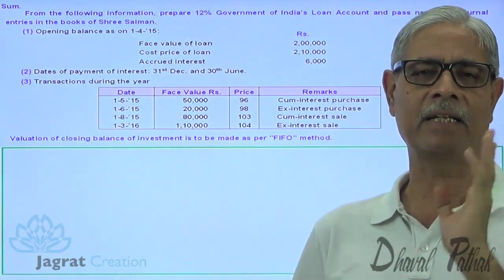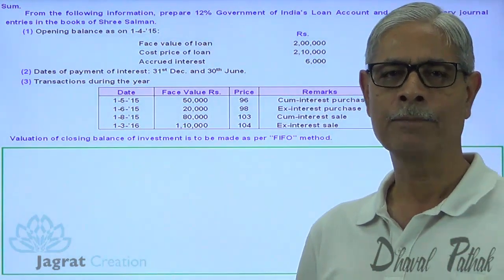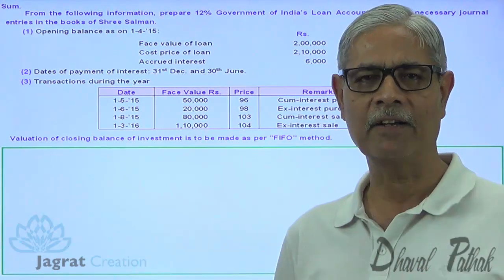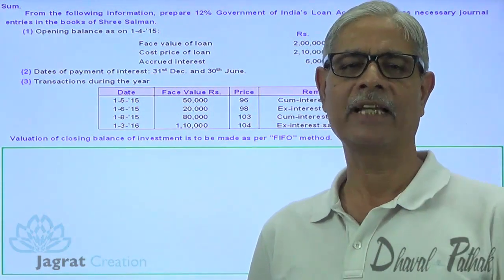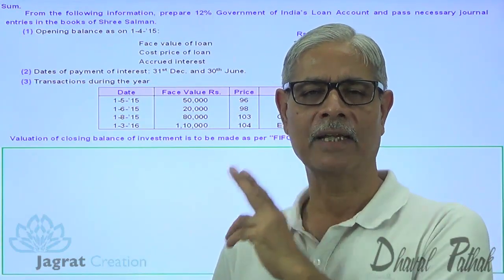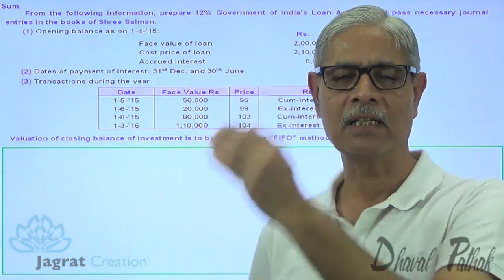How does interest exchange take place? If I purchase the security, I pay the interest for that period. But if I sell the security, I get the interest for that period.